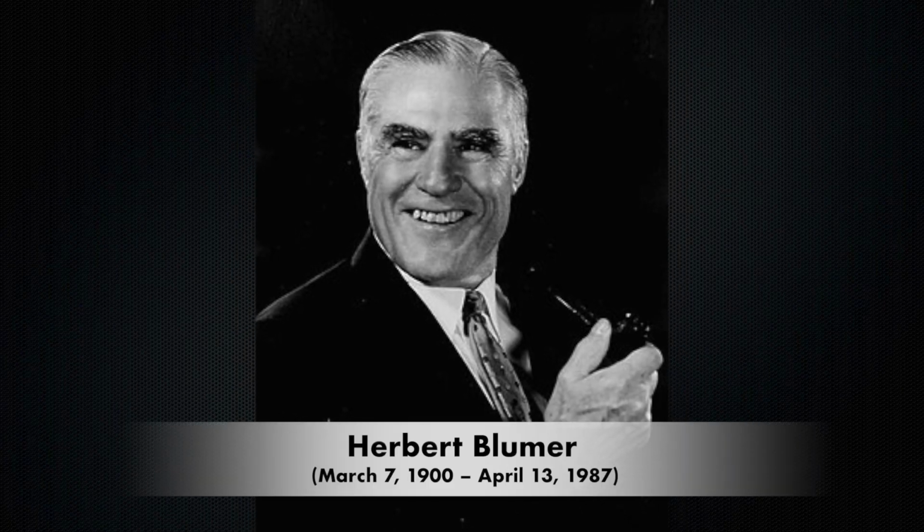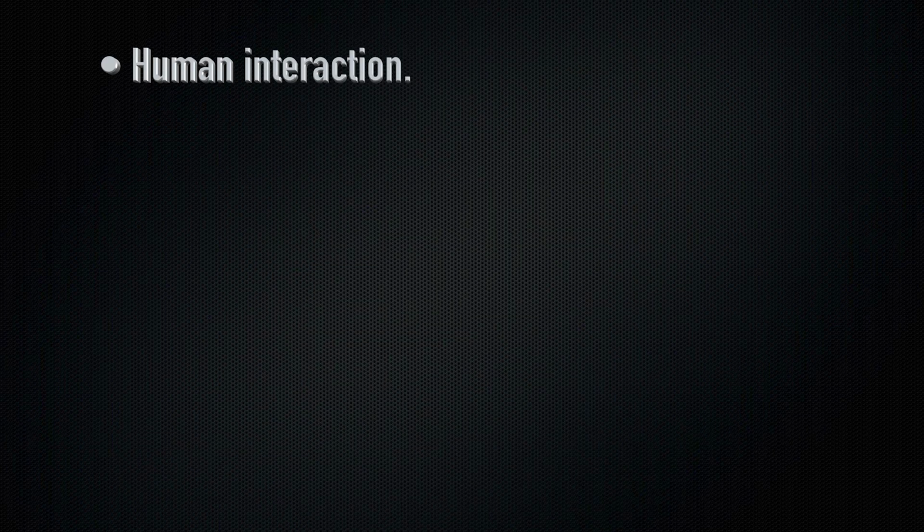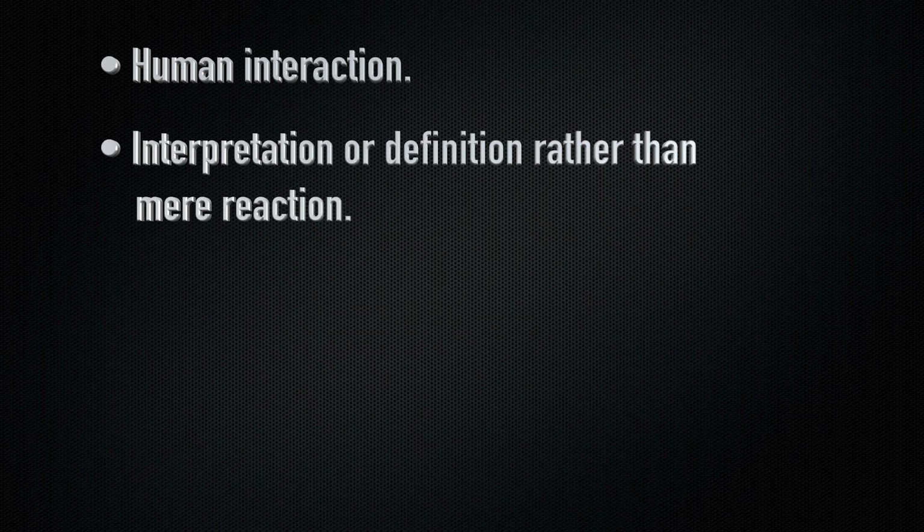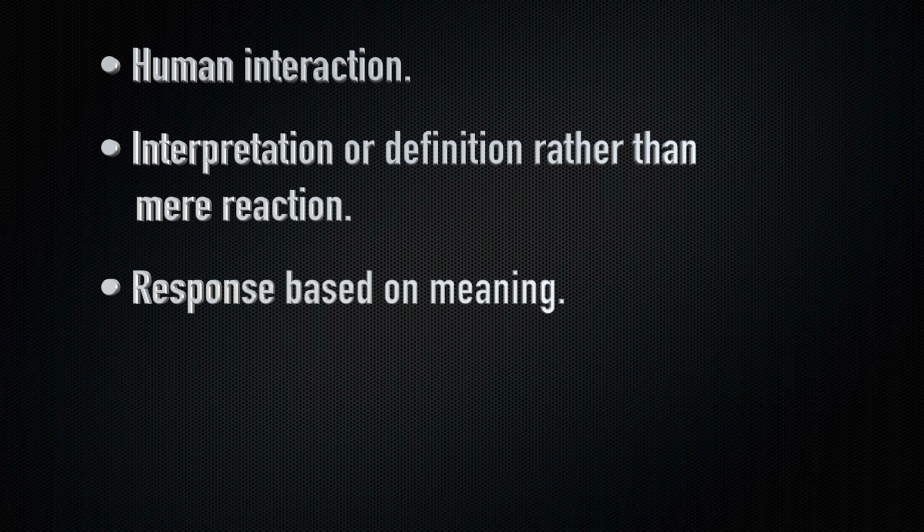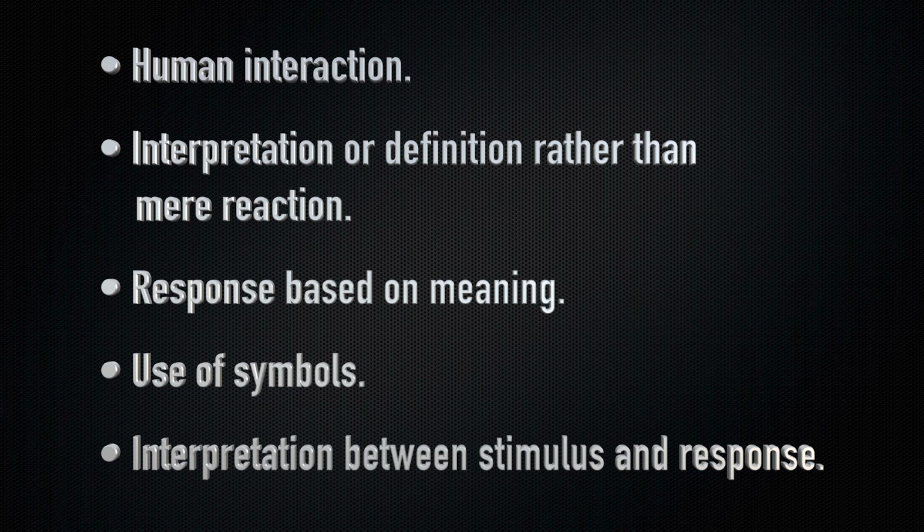According to Blumer, the characteristics of this approach are human interaction, interpretation or definition rather than mere reaction, response based on meaning, use of symbols, interpretation between stimulus and response.